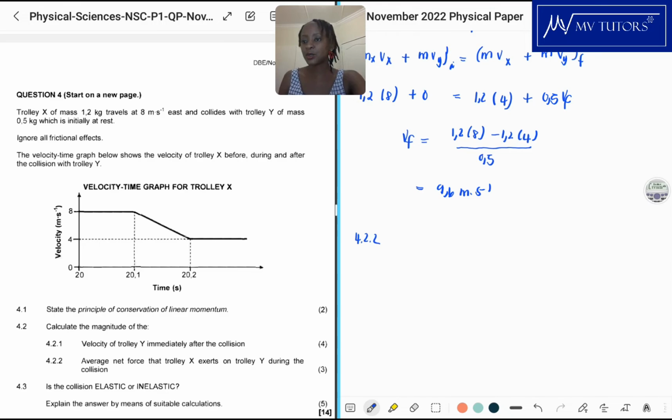Calculate the magnitude of the average net force trolley X exerts on trolley Y during the collision. So that portion where you have that gradient going down is the portion we're actually going to look at. In order to do that, I hope you know that the area under the velocity-time graph gives you the force. Why do I say that?